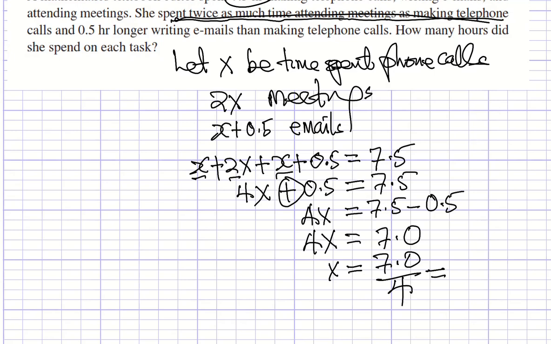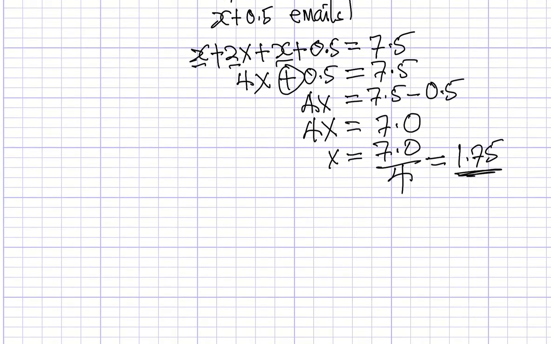That's what you get there, 7 over 4. I don't know if you want to carry out the division or just leave it like that. But if you carry it out, since they're working with decimals, 7 divided by 4 will give you 1.75. Since we're working with hours, it's okay.